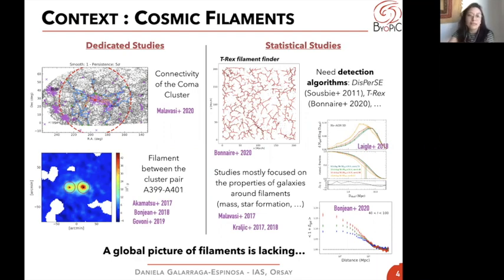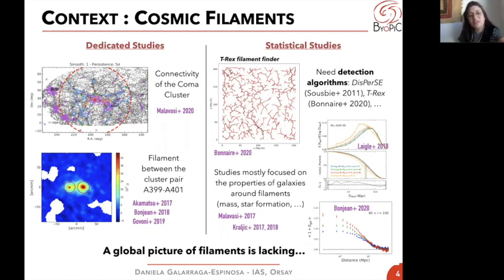Very recently, Nicola Malavasi studied the connectivity of the Coma cluster, and he found that this cluster was connected to the cosmic web by at least 3 large scale filaments. Another dedicated study is the filament between the cluster pair A399, A401.